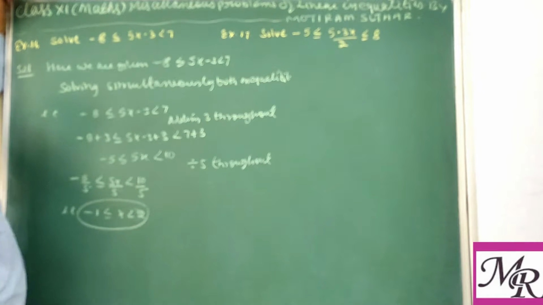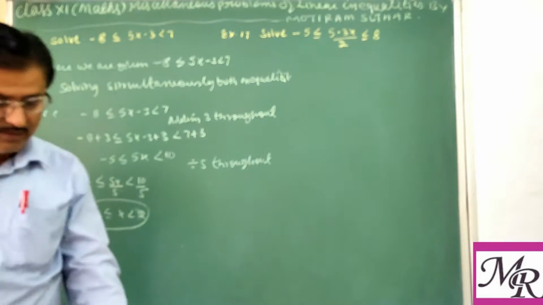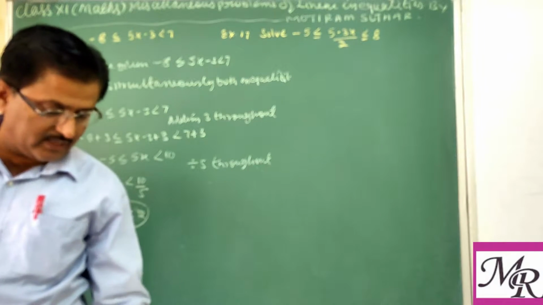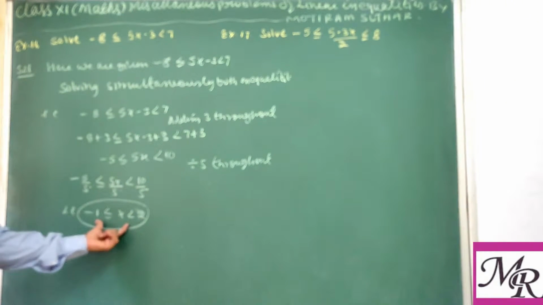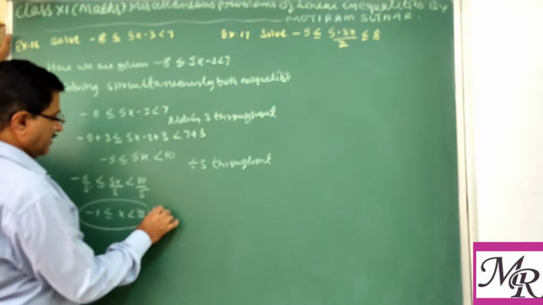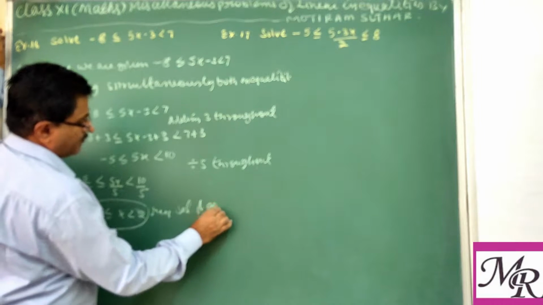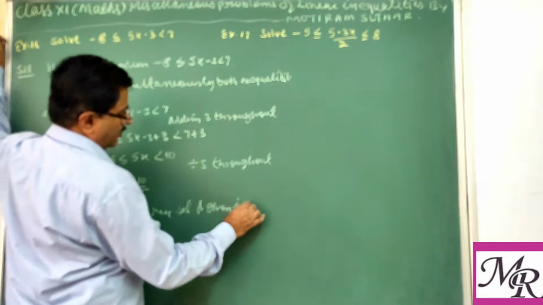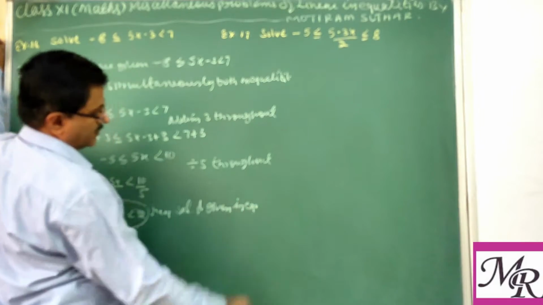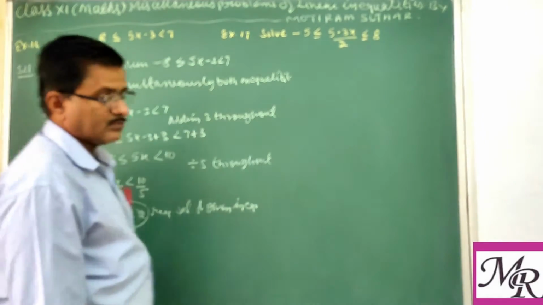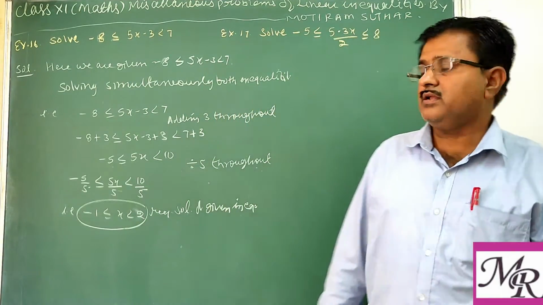So this is the solution: x is greater than or equal to -1 and less than 2. This is the required solution of the given inequality. So write this down.